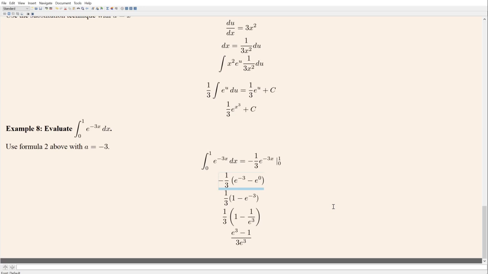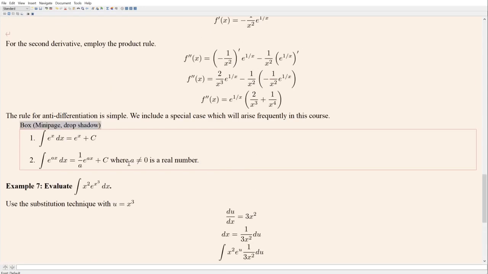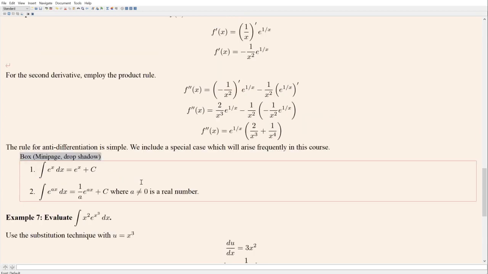So, yep, that's it. Don't have anything else to say about exponential functions at this time. I would say, try to memorize this formula, because this has been a sticking point when I've taught Calculus 2 in the past. A lot of people, for some reason, just forget to put in this factor of 1 over the number. And that's annoying because it's super easy. You just have to remember to do it.